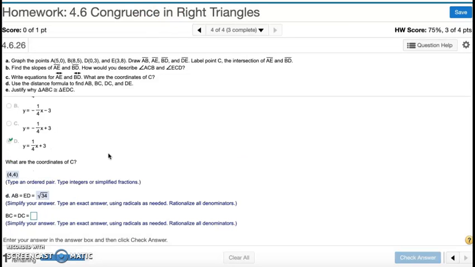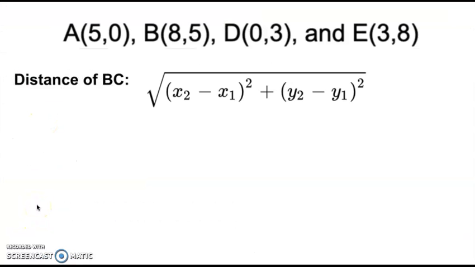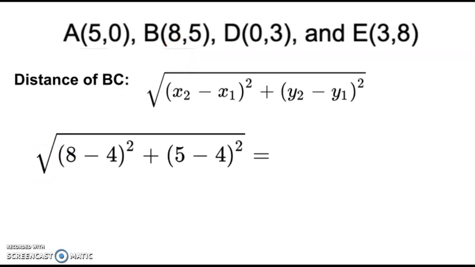Now it wants you to find the length of BC and DC, which are the same length. So let's find it. To find the distance of BC, I have to use the distance formula and use the coordinates for B and C. The coordinates for C are 4, 4. The coordinates for B are 8, 5. So let's substitute in the x and y coordinates.